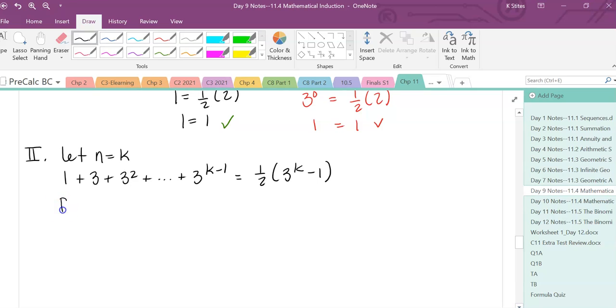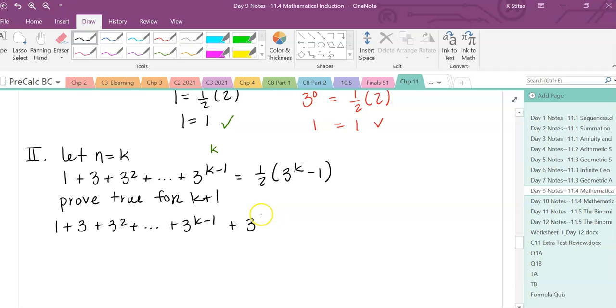And then, of course, we are proving true for k plus 1. All right, so again, this is term k. We need to do one more term. Okay, so there's term k plus term k plus 1. So k is becoming k plus 1. And it's also becoming k plus 1 over here.